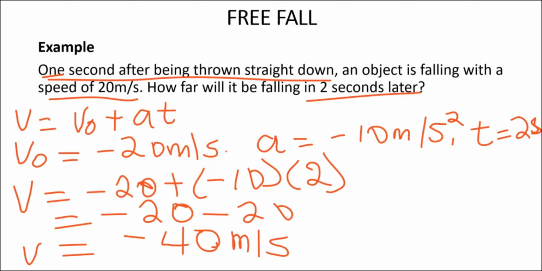Right. So that is the final velocity, which will be 40 meters per second. It takes 40 meters per second for it to fall 2 seconds later. All right. Okay. So let's look at one more example.